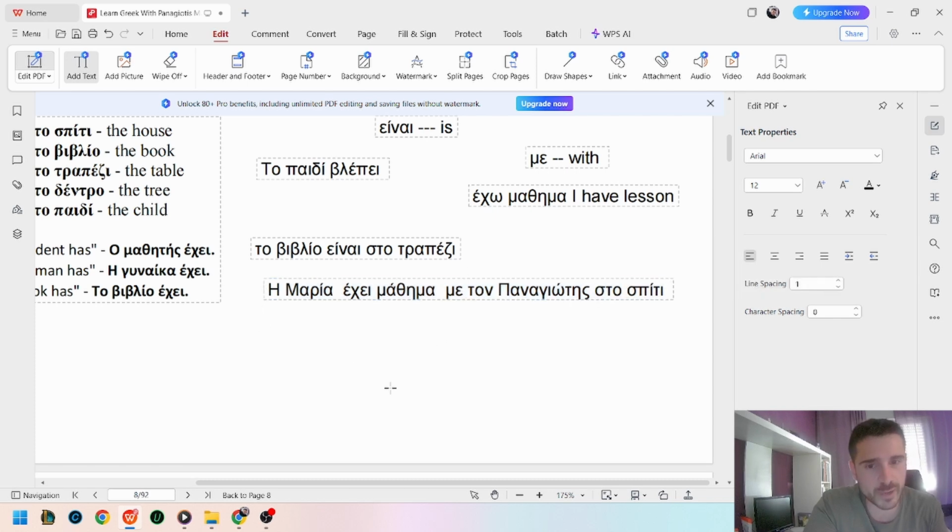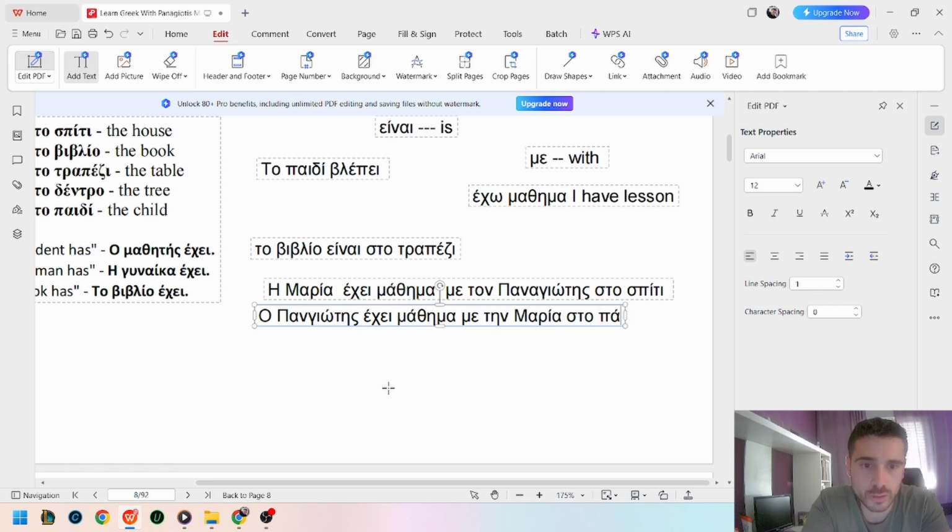The opposite now, Panagiotis has lesson with Maria, it will be ο Παναγιώτης έχει μάθημα με την Μαρία στο πάρκο. Let's say to the park, στο πάρκο. Ο Παναγιώτης έχει μάθημα με την Μαρία στο πάρκο.